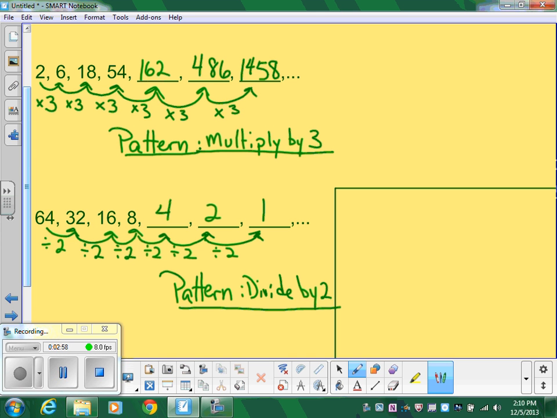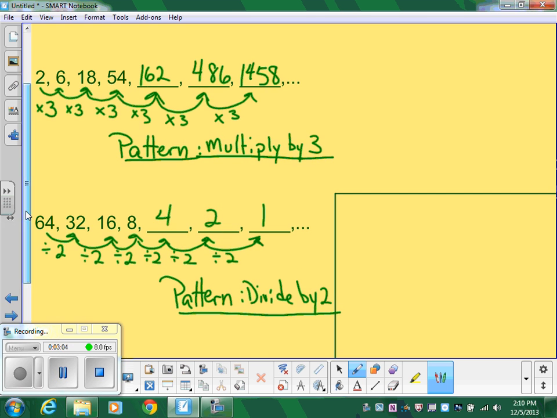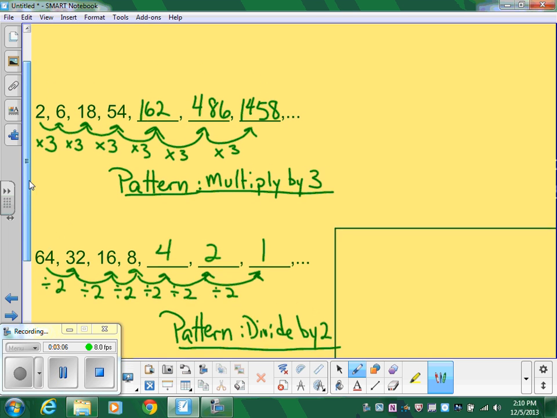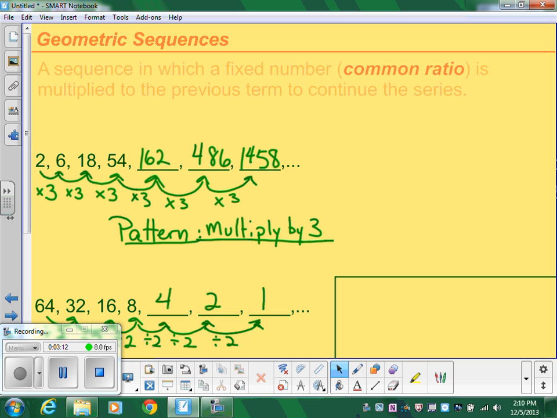There's something interesting here. If we're talking about multiplication and division, we're really talking about what is known as a geometric sequence. This is a sequence in which a fixed number, which we're going to call a common ratio this time, is multiplied to the previous term to continue the series.